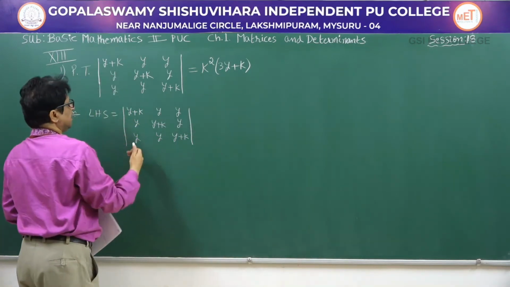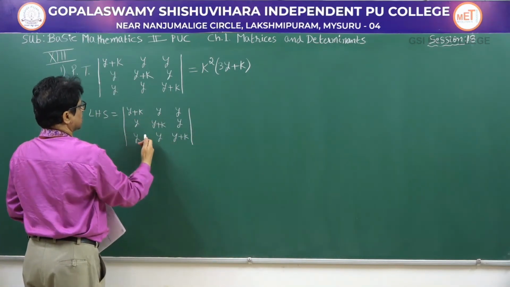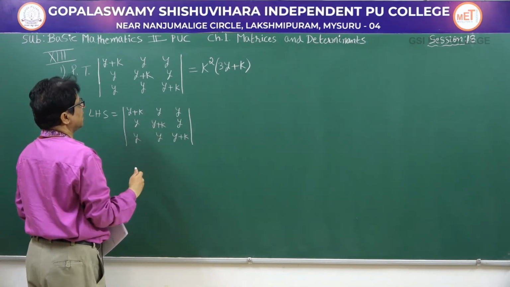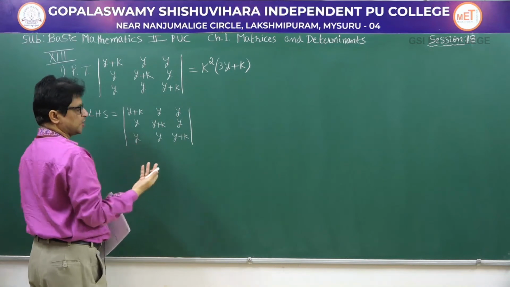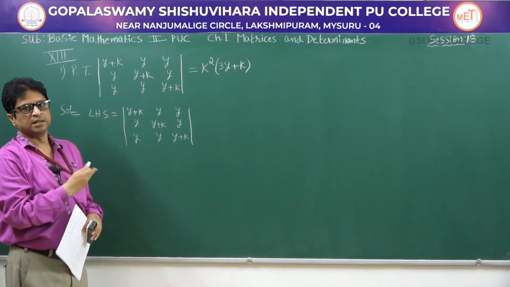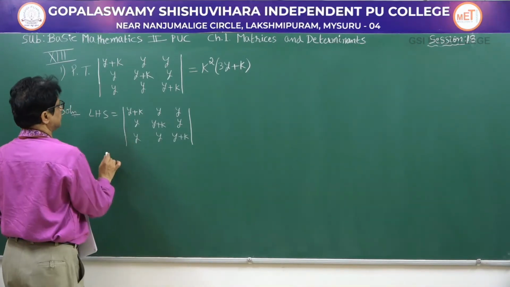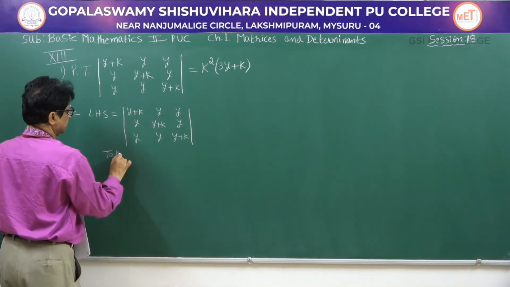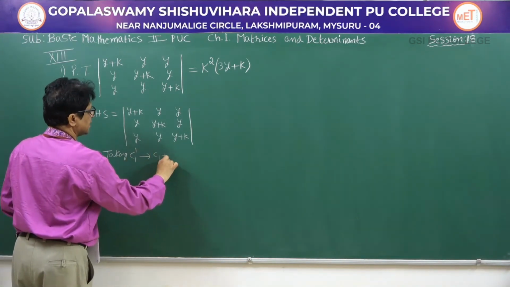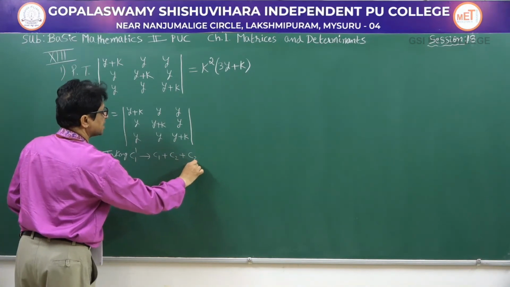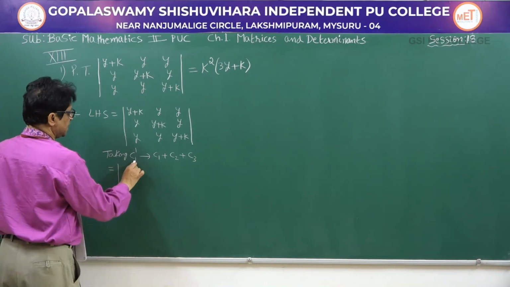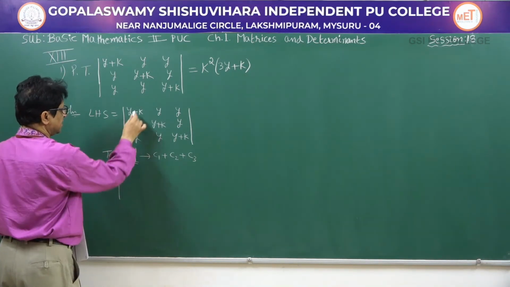If you observe here, if you add all the 3 rows, you will get 3y plus k. If you add all the columns also, you will get 3y plus k. So it is up to the students that either you can use the row operation or you can use the column operation. Taking C1 dash as C1 plus C2 plus C3, the change is taking place in C1.